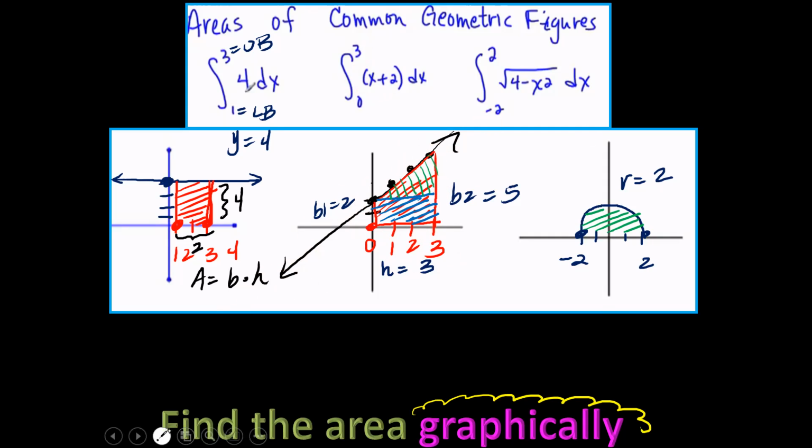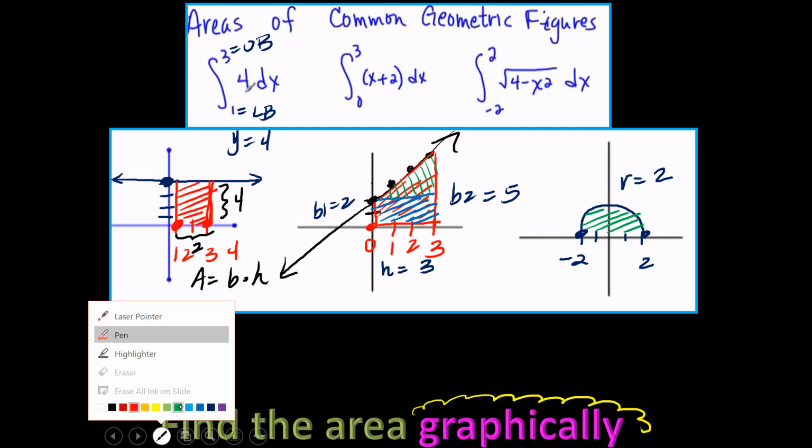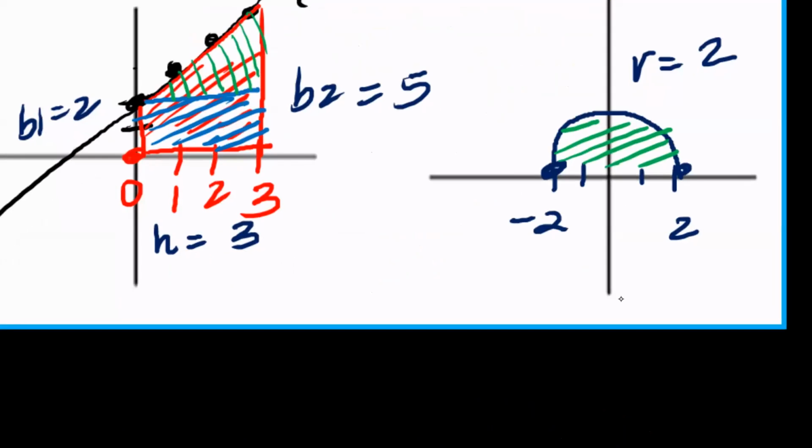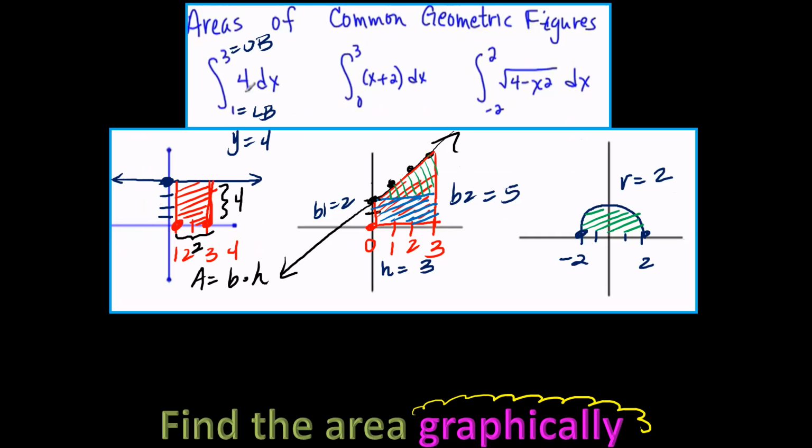So there are 2 different ways of finding the area of this. The first way is that you can just use the trapezoid formula. And the second way is you can break this down into the area of a rectangle plus the area of a triangle. But since we've been talking about Riemann sums, we can just look at it as finding the area of a trapezoid. So my base 1 is 2.